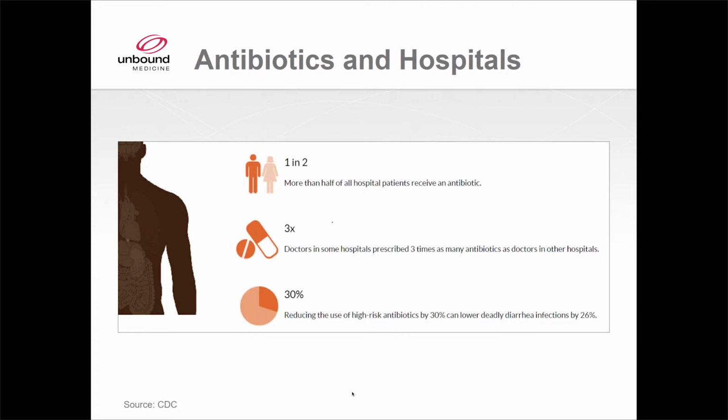Some interesting facts at a very high level for everyone is that about half of individuals in hospitals actually receive an antibiotic. And when surveys have been performed looking at prescribing patterns, there are certain doctors that prescribe antibiotics much more heavily than others.